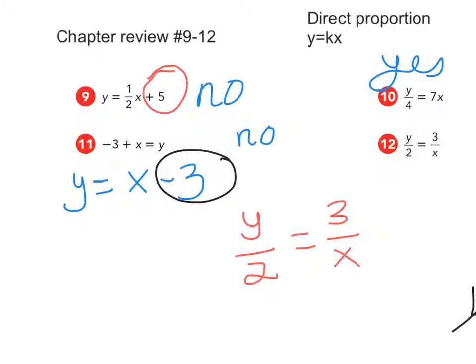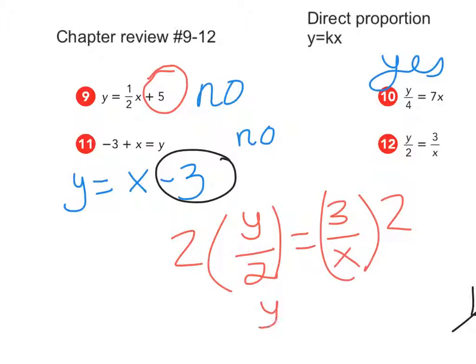And then I'm going to multiply both sides by 2, okay? And I get y is equal to 6 divided by x. And what I realize is that this is not in the y equals kx form, okay? So this number 12 is a no.